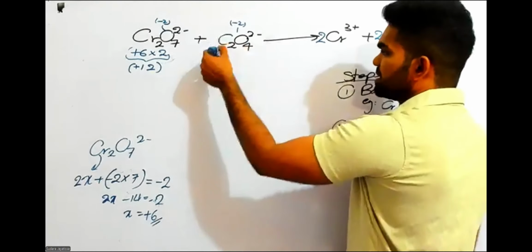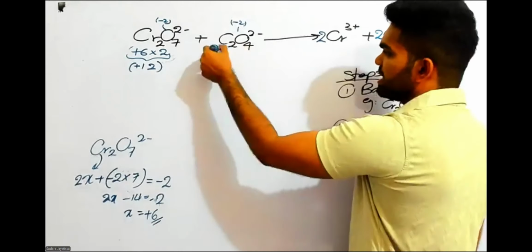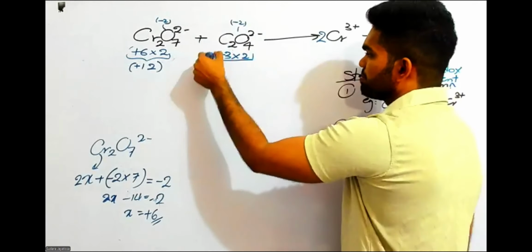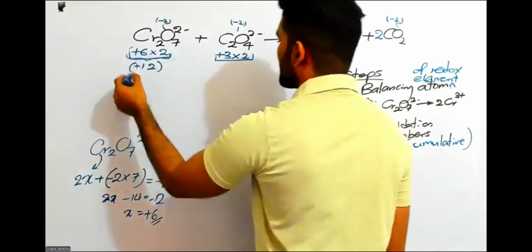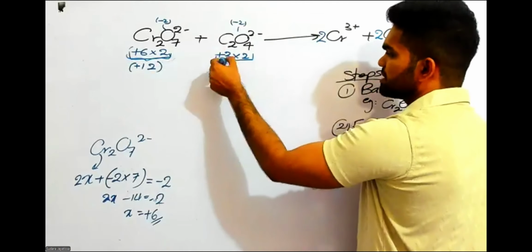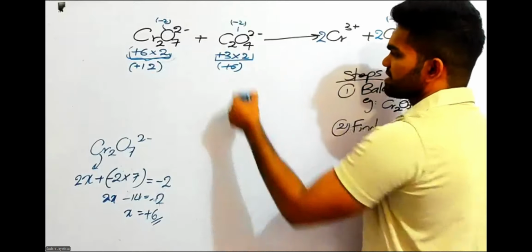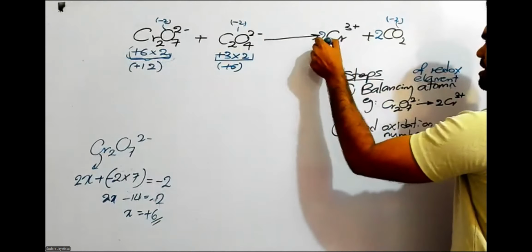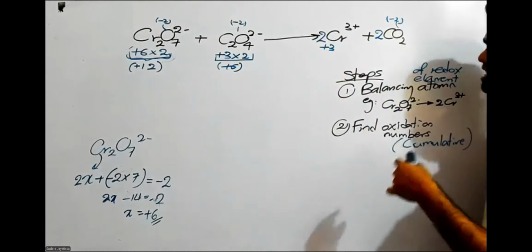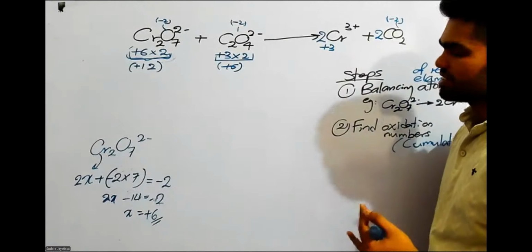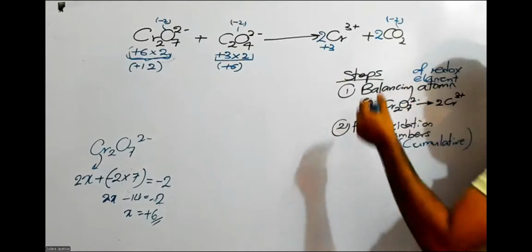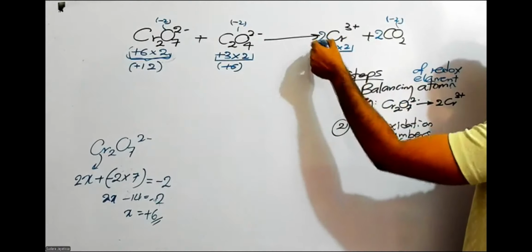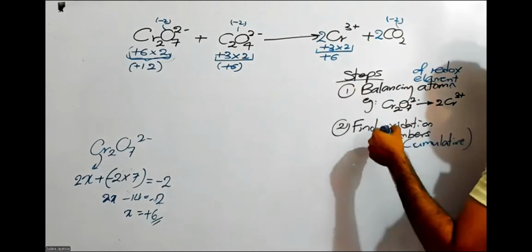And here, carbon, if you do the same process, you will find it is +3. And there are two carbon atoms, so +3 times 2, the cumulative oxidation number is +6. And here chromium, the oxidation number will equal its charge, so it is +3. That's for one chromium, and there are two chromium atoms in this one, so cumulative will be +6.